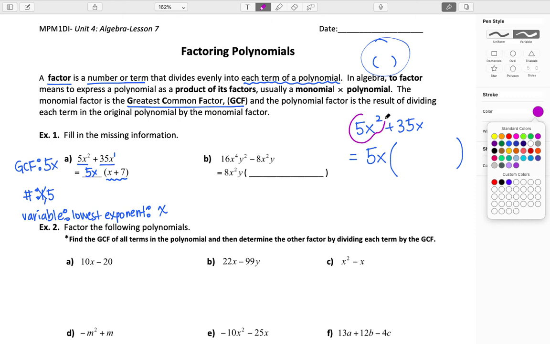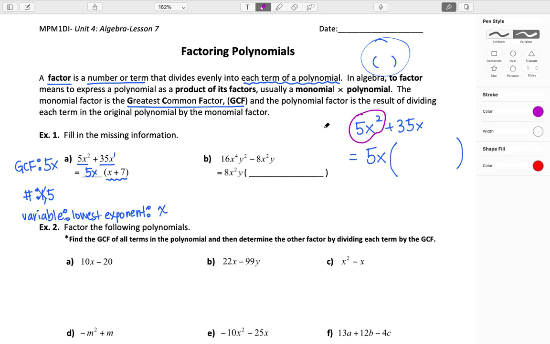What's 5x squared divided by 5x? It's going to be 5 and 5 cancels out, I'm left with x. And then next, what's positive 35x divided by 5x? It gives me positive 7, and x cancels out. And now, there you have it. We just factored and put it into a bracket form.